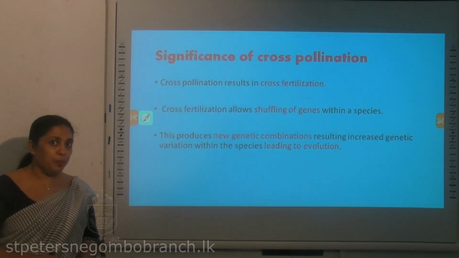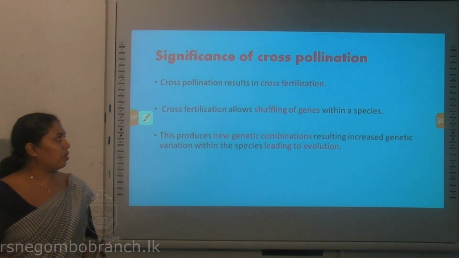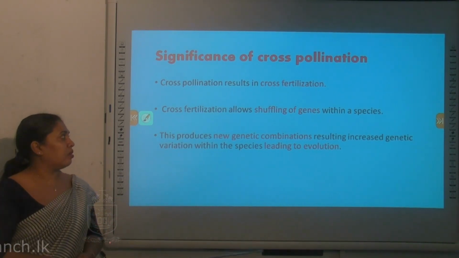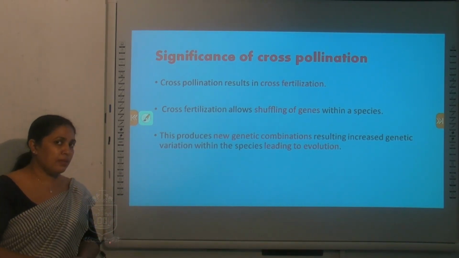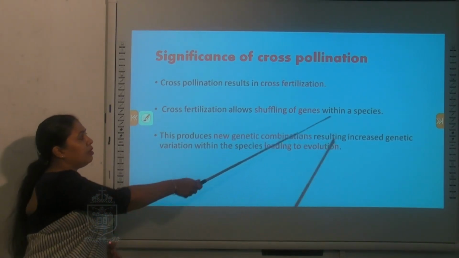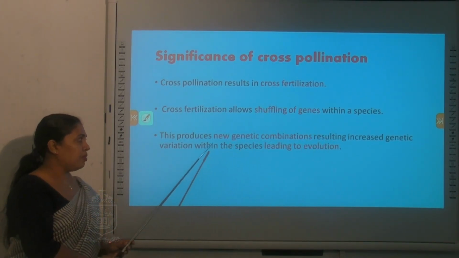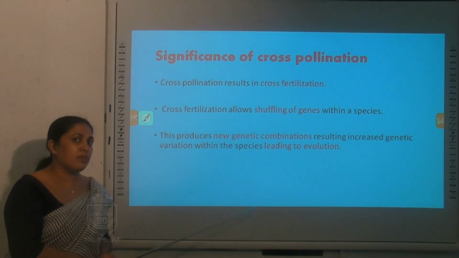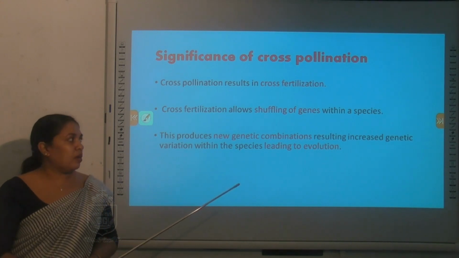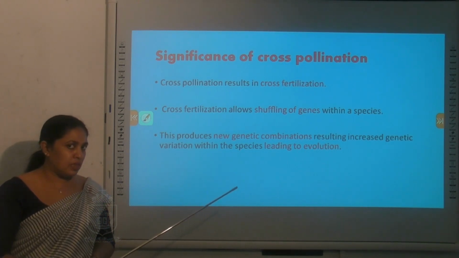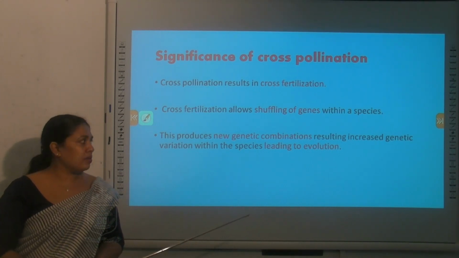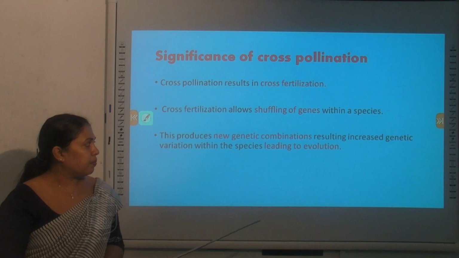Cross-pollination is more important than self-pollination, because cross-pollination results in cross-fertilization. Cross-fertilization shuffles and mixes the genes within the species, and it forms new genetic combinations with some favorable characteristics, which leads to evolution.